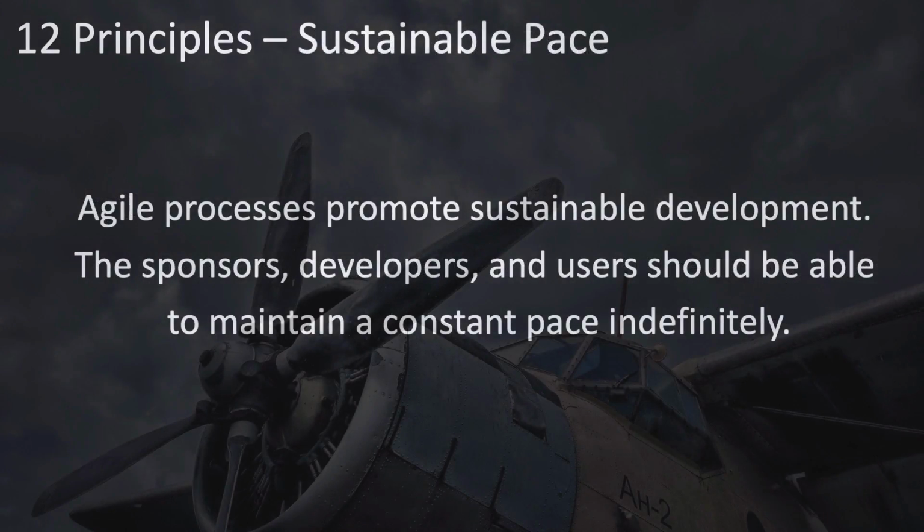Next, we have Agile processes promote sustainable development. The sponsors, developers, and users should be able to maintain a constant pace indefinitely. This is a concept that comes from lean manufacturing, the idea of smoothing the flow and having a smooth, sustainable pace that provides you with higher quality and higher throughput and more productive teams than having these occasional pushes and extreme efforts to get something done by a deadline.